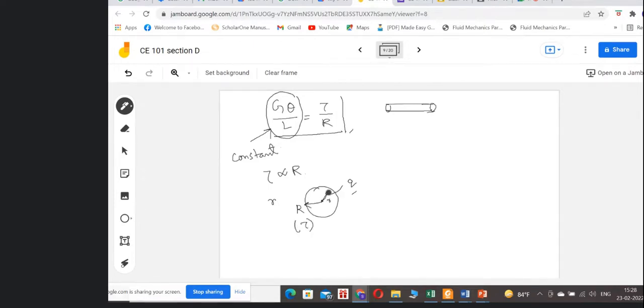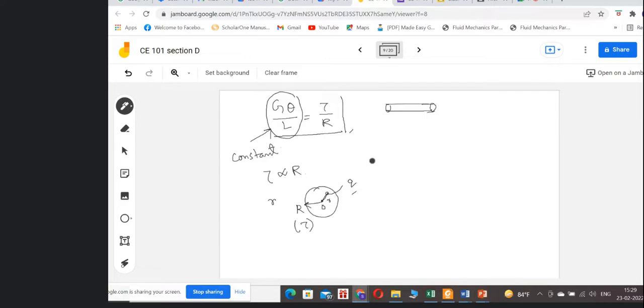But if we locate any point between the center of the shaft and the maximum point, between 0 and capital R, and the distance of that point from the center is smaller, that point will also produce some shear stress. The magnitude will definitely be less than the maximum shear stress, that is tau.